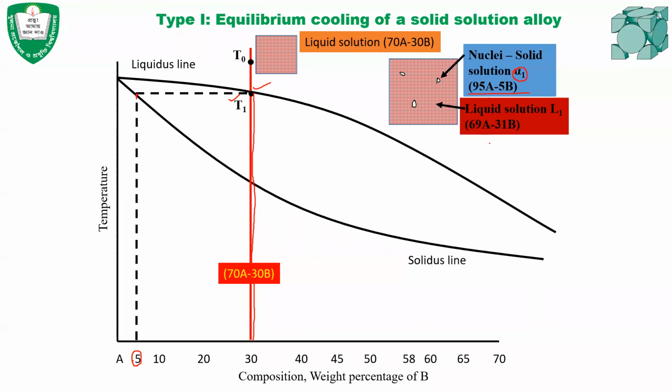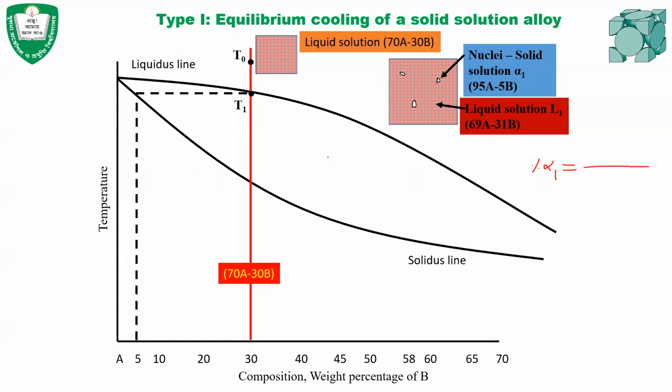And if you want to find how much solid has been formed at temperature T1 and how much liquid is present, that can also be found here. How to find that? To find the percentage of solid, if we want to find the percentage of alpha 1, it will be equal to, as you know, the lever rule.